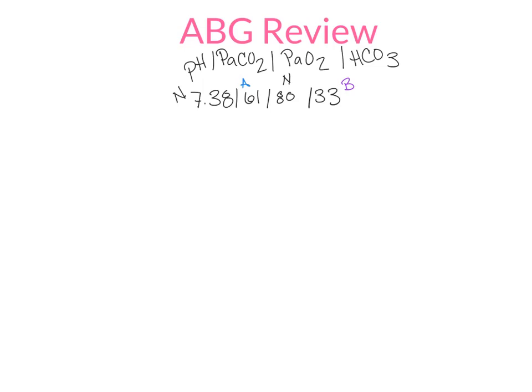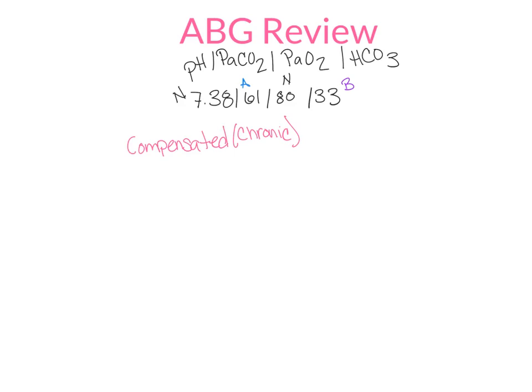When we interpret this one, we're going to look at the pH status. It's within normal limits. And because we know that the other two values are off, we know that it's compensated. Or it could also be called chronic. This would be an example of your COPDers.